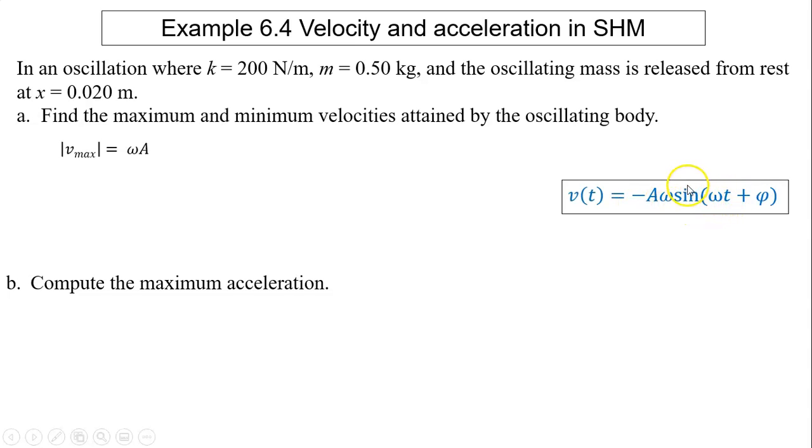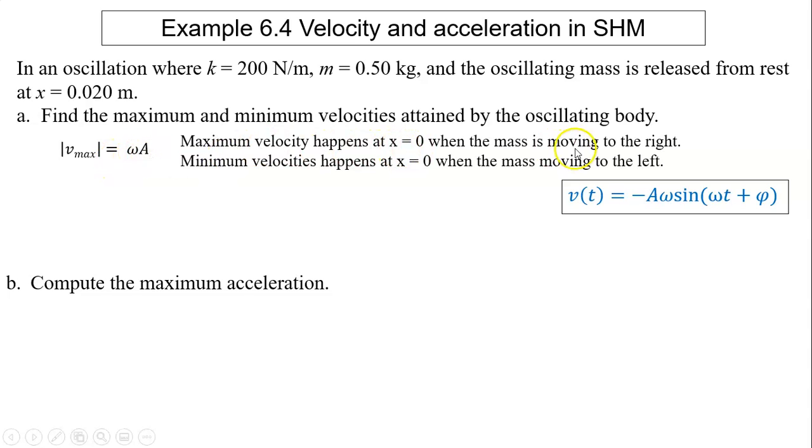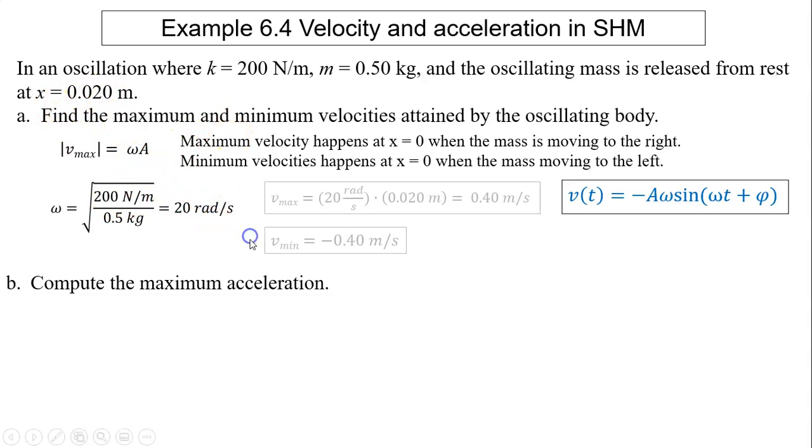Since the maximum value of sine omega t plus phi is 1, the value of Vmax is just omega A. The maximum is positive omega A, the minimum is negative omega A. We know omega equals the square root of K over M, and A is 0.02, so we can find the maximum velocity and the minimum velocity.